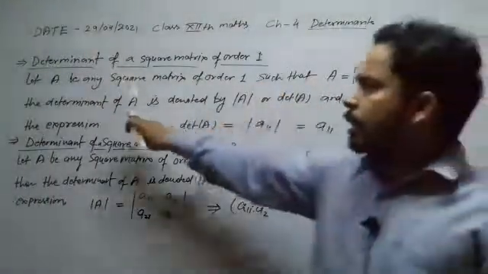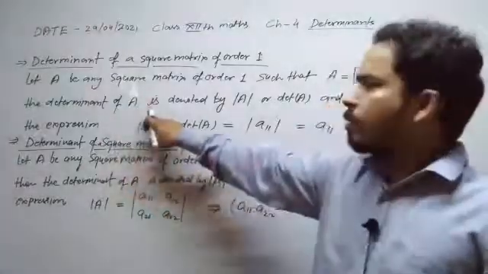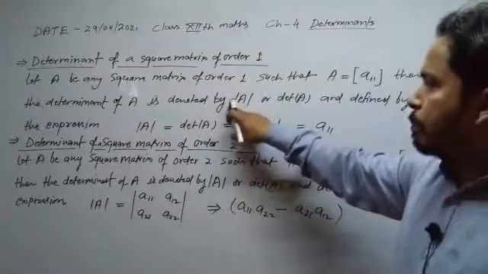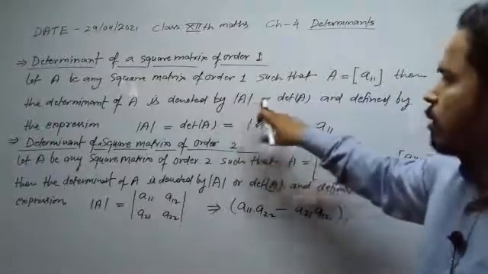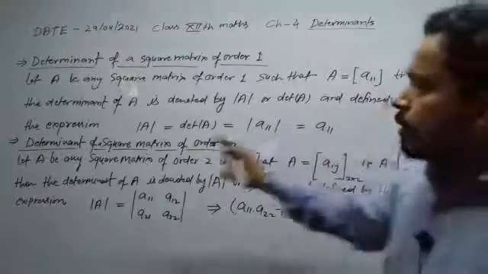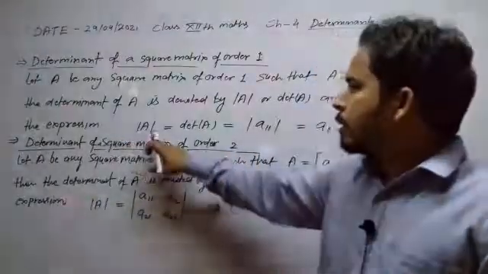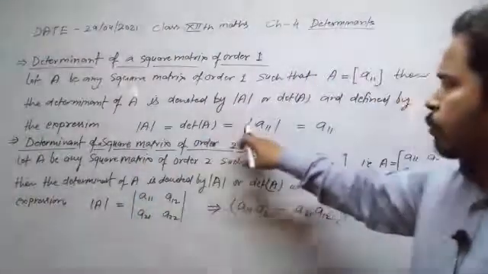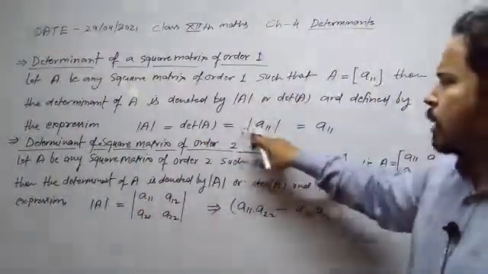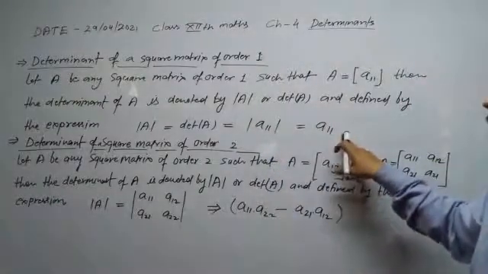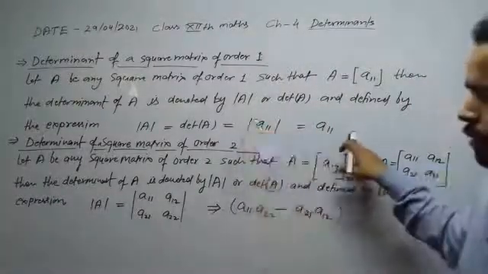Then the determinant of A is denoted by A in between two vertical lines or det of A, and defined by the expression determinant of A is equal to A11. This is a unique number, so it will be copied. There is no calculation.